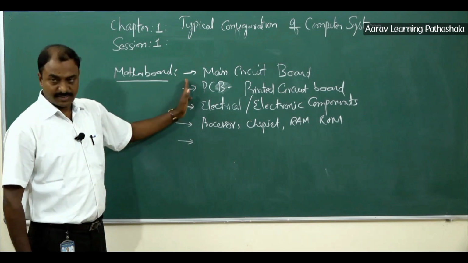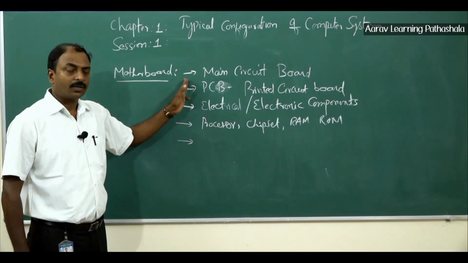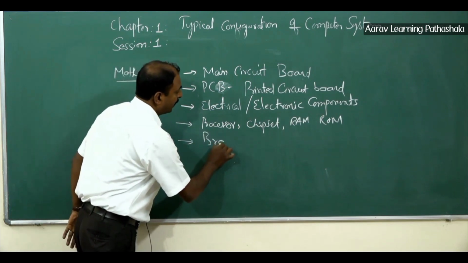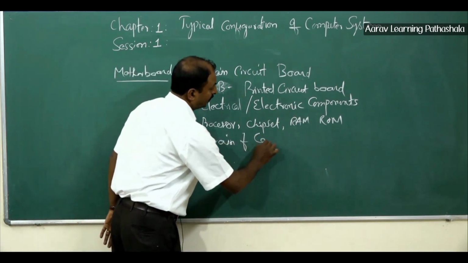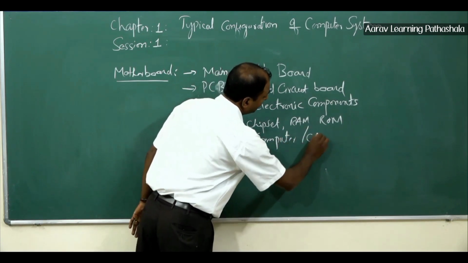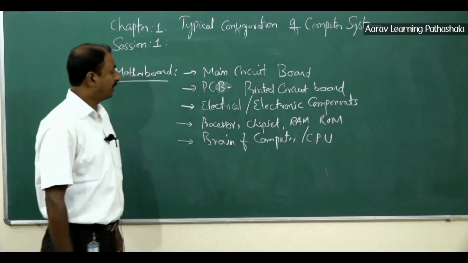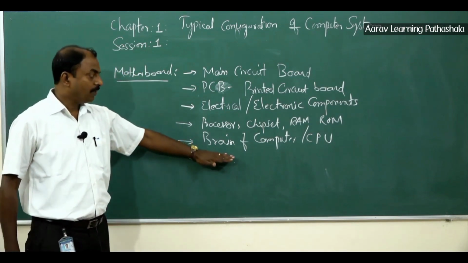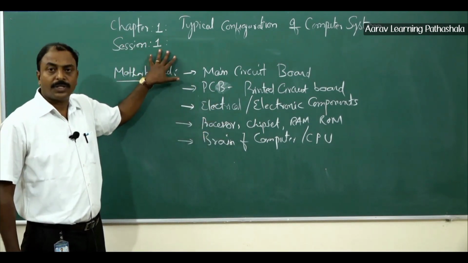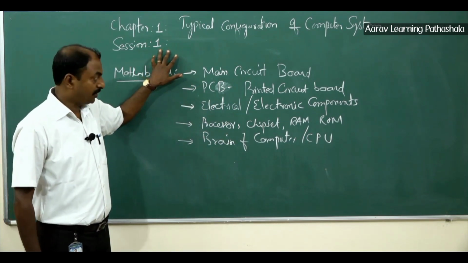The motherboard is a place where all electrical and electronic components are mounted, and it is called the brain of the computer, or sometimes it is referred to as the CPU. So CPU or motherboard, it is the main component of your computer system.